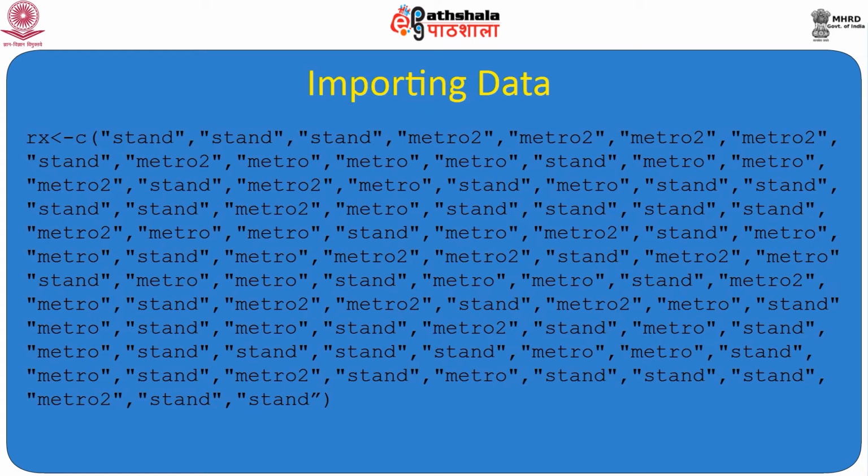So here RX has three possibilities: standard, metro 2 and metro. Now we'll find out the incidence rate of metro 2 with respect to standard and metro 1 with respect to standard, and the incidence rate of these individuals' events will be obtained from this data set.